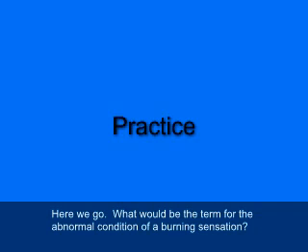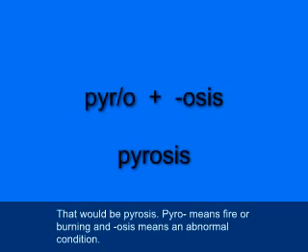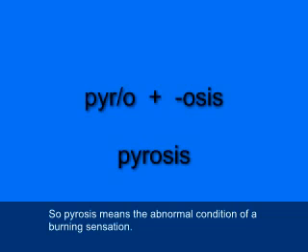Here we go. What would be the term for the abnormal condition of a burning sensation? That would be pyrosis. Pyro means fire or burning, and osis means an abnormal condition. So pyrosis means the abnormal condition of a burning sensation.